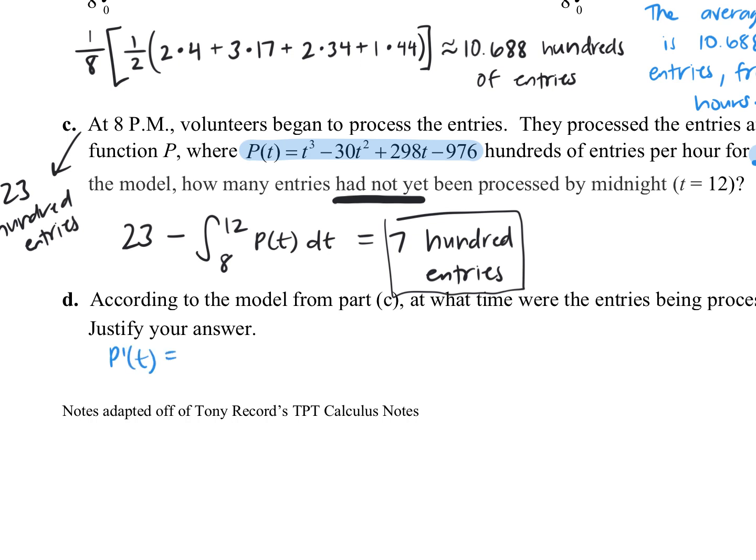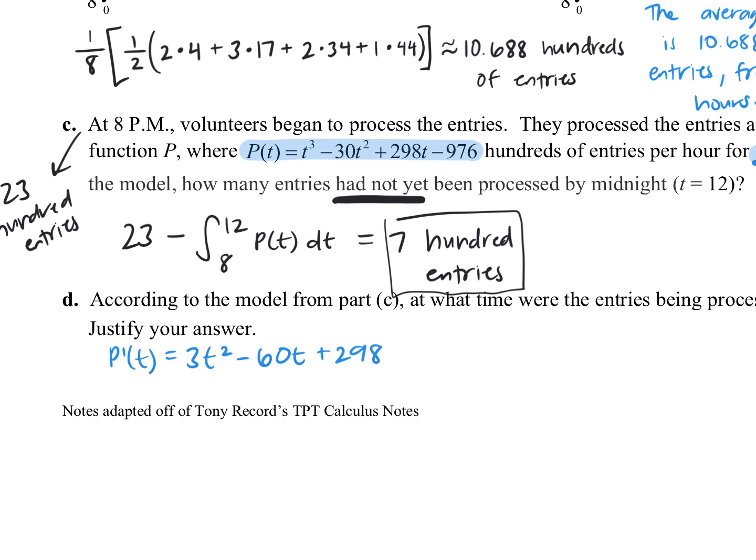not too terrible here, we can do that. 3t squared minus 60t plus 298. Okay, we're trying to figure out where does that equal 0. If we figure out where that equals 0, that gives us 2 points that we could possibly have a maximum at. And then we also need to test 2 other points, what other 2 endpoints?